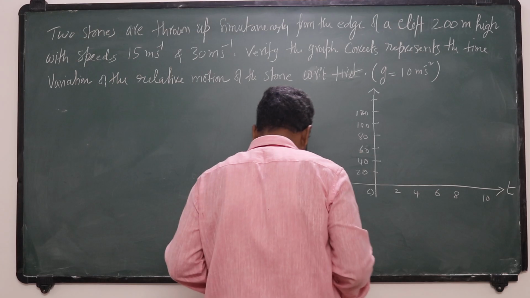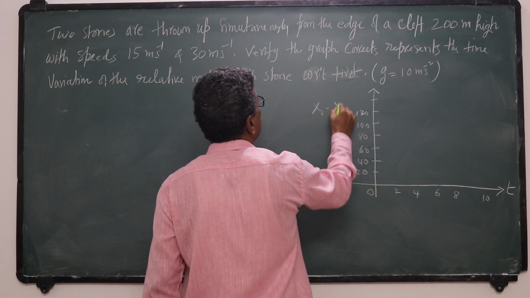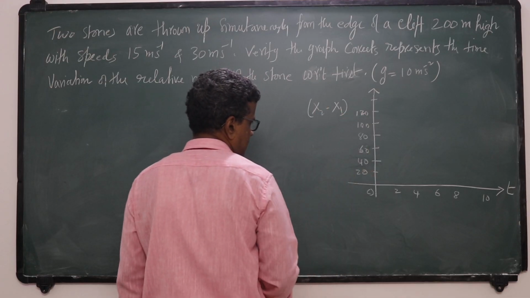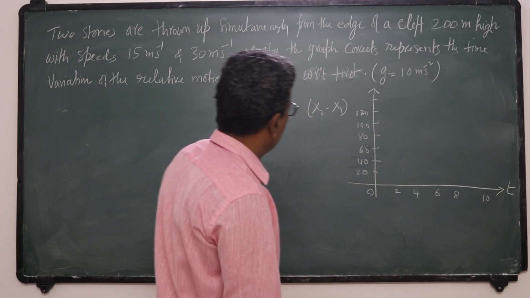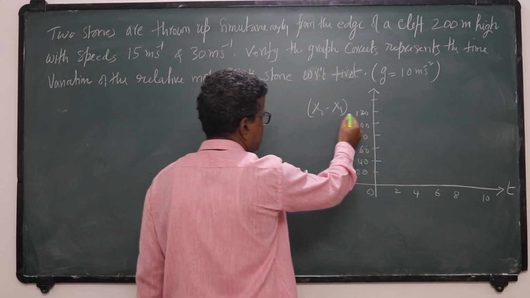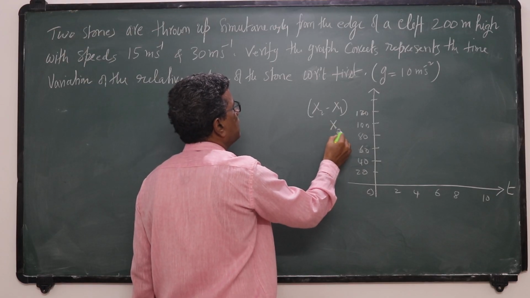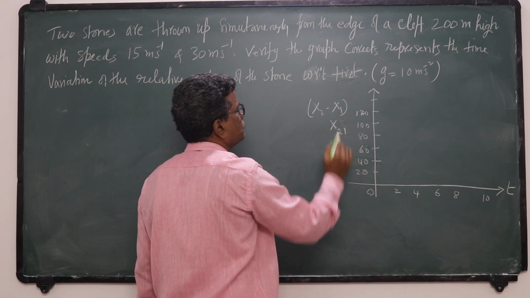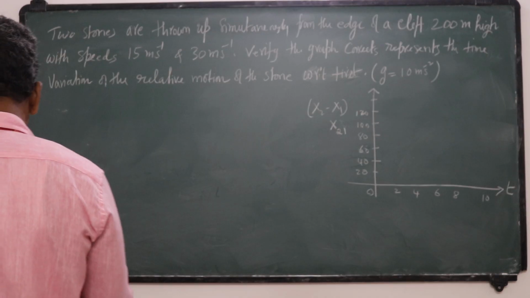This is the relative separation, that is x2 minus x1, on the y-axis. The x-axis is time. What is x2 minus x1? The position of the second one with respect to the first one. Okay, so this is the problem.